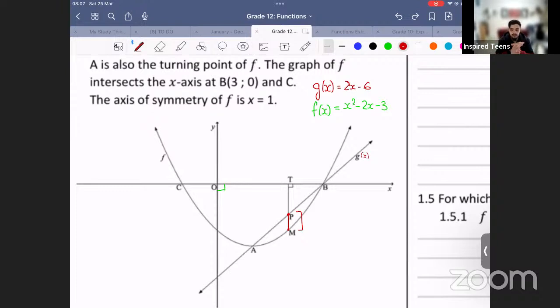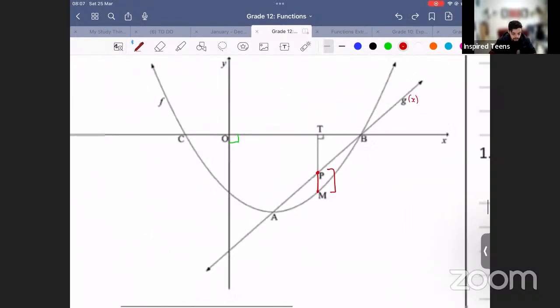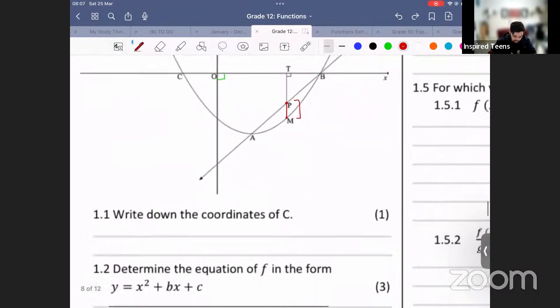They just want the maximum length of PM, and you have to identify that PM is the distance between g of x, which is on top, and f of x, which is at the bottom, at points P and M. So we said the top graph, g of x, minus the bottom graph, f of x.